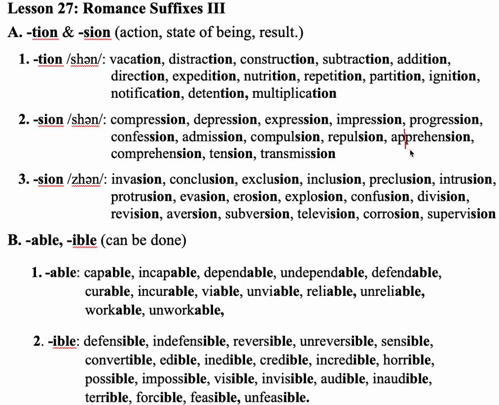Apprehension. Apprehension can be a state of worry. You have apprehension, you're worried about something. But apprehension can also mean that you understand something. You apprehend it. Comprehension, again, we got another one of those chameleon prefixes. That's an n that's assimilated to the following p, comprehension.